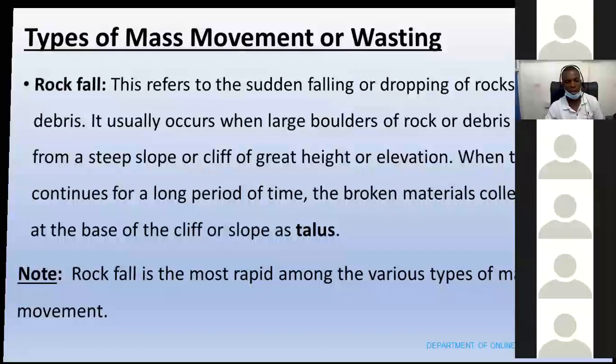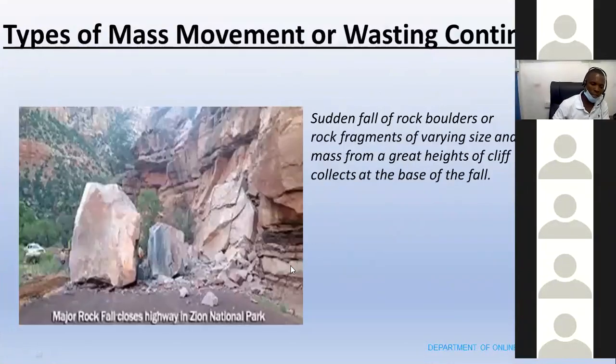So let's watch our screens. This is just an image showing boulders of rocks suddenly falling from a high elevation or a cliff and then landing at the base here. If you can see your mouse pointer, this is a large boulder of rock. This one is quite smaller relatively compared to the initial one.